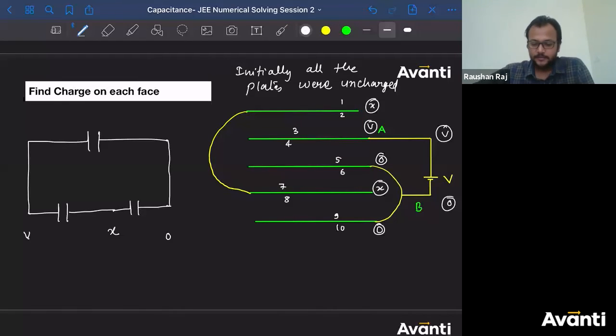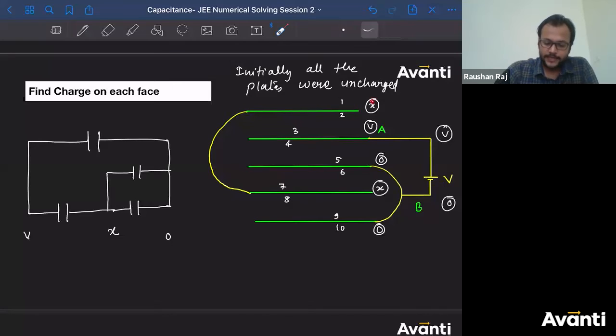Tell me, the fourth is between which? Again x and 0. Okay, x and v, v and 0, x and 0, then again x and 0.